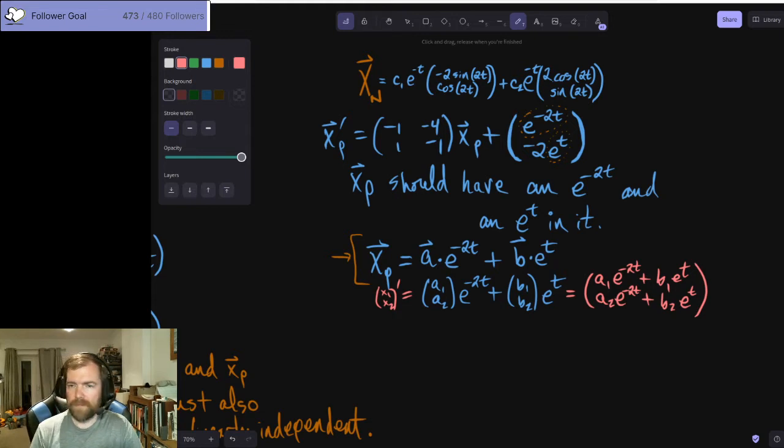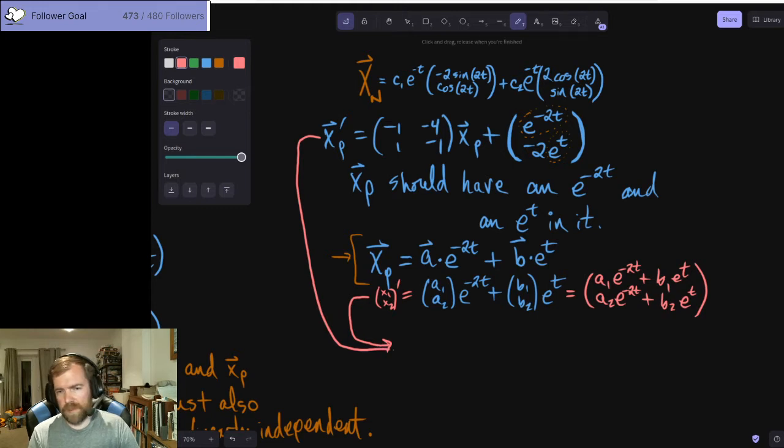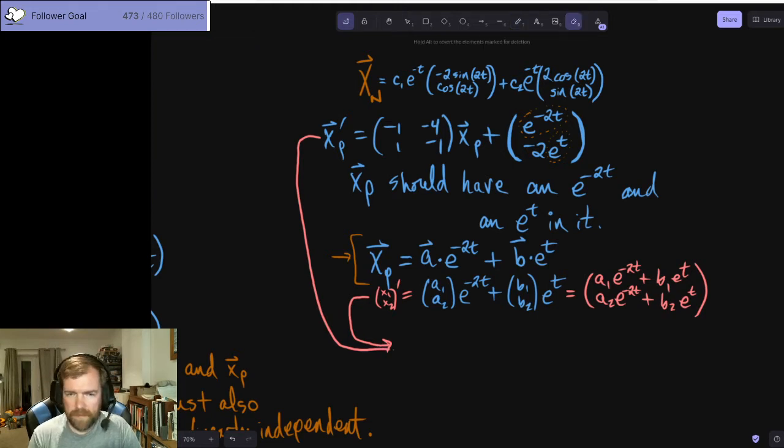Okay. Now what? Well, if that's your xp, we're going to need to know xp prime, because of the left-hand side. So we're going all the way back to the system itself. Oh, oops, that was not supposed to be a prime. Sorry, the one up top.